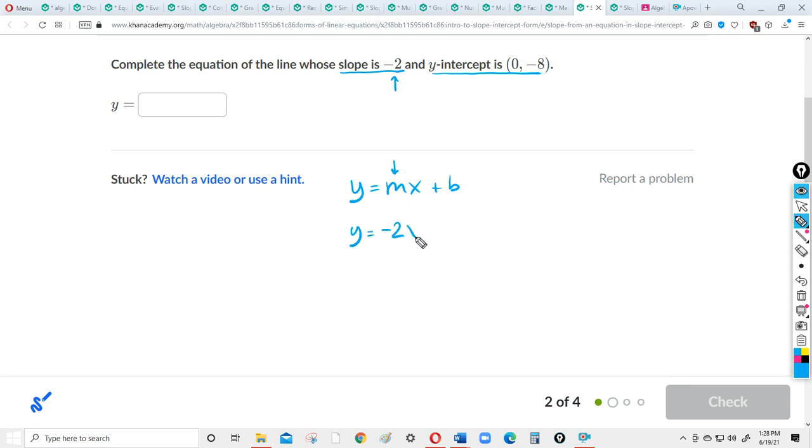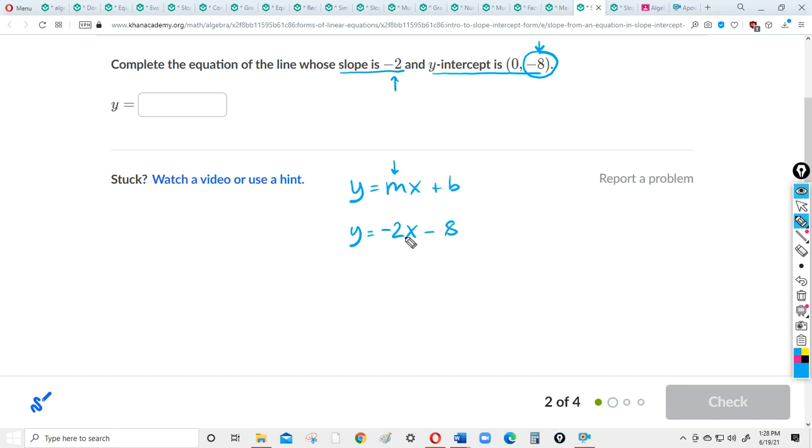Okay, you can just rewrite the x, and b, the y-intercept, is going to be this value right here. Remember, the y-intercept is the number where it hits the y-axis. So that's a -8 for the b.